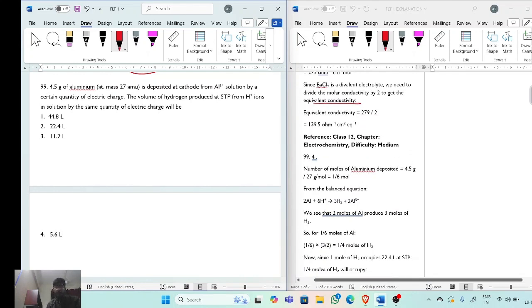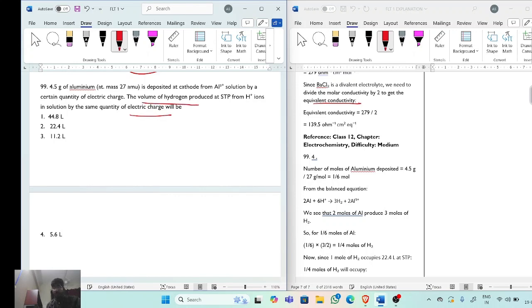4.5 gram of aluminium, atomic mass 27 unit, is deposited at cathode from Al3+ solution by a certain quantity of electric charge. The volume of hydrogen produced at STP from H+ ion in solution by the same quantity of electric charge will be. We have to calculate the volume of hydrogen at STP.